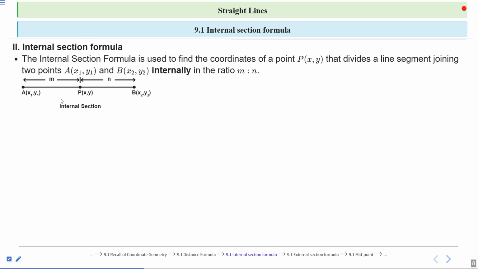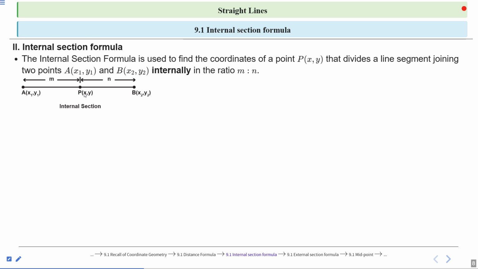That means here we are given a line segment joining 2 points A (x1, y1) and B (x2, y2). Then we have a point P (x, y), and this point P divides the line segment AB internally in the ratio m is to n.